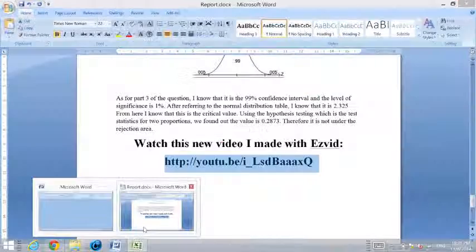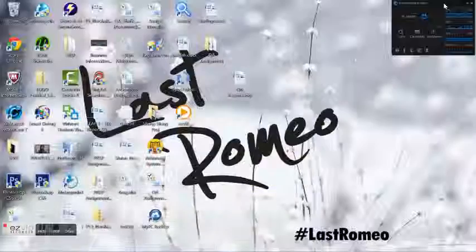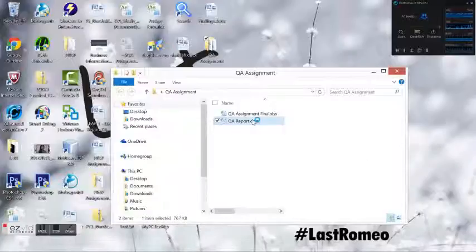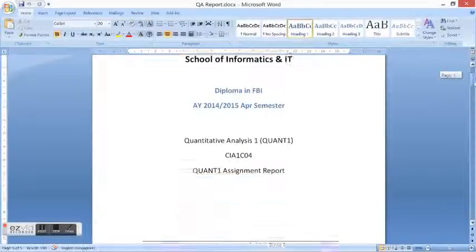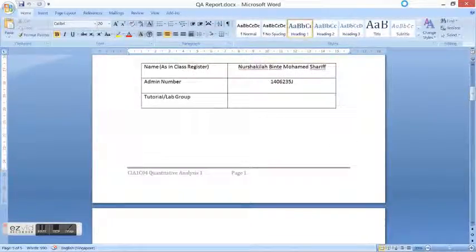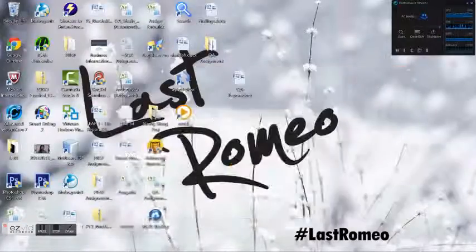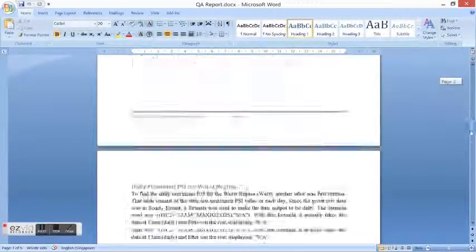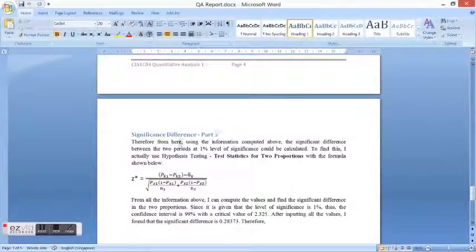For the last part of question 2, I actually use hypothesis testing. For this one, I will be moving to my report. I'm sorry, I've been moving on to my report, which is this one.